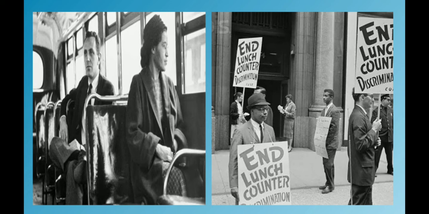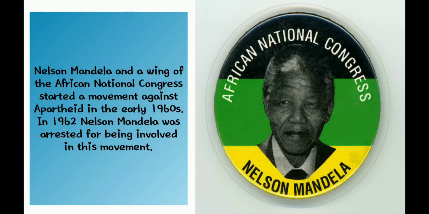This practice, which started in the beginning of the 19th century, rose to its height between 1948 and 1994. Nelson Mandela and a wing of the African National Congress started a movement against apartheid in the early 1960s.